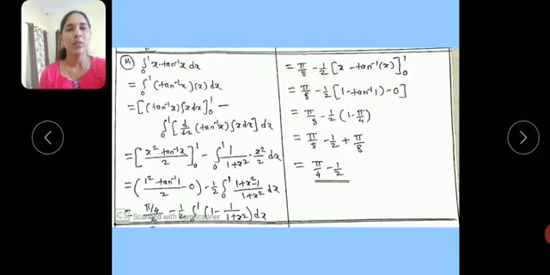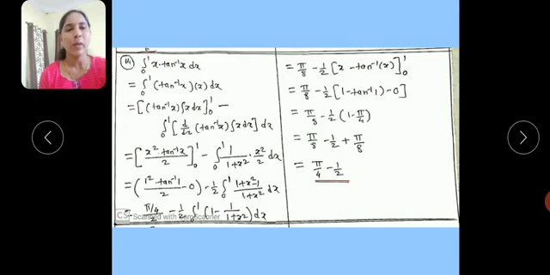This is equal to pi by 8 minus 1 by 2 of x minus tan inverse of x from 0 to 1. This is equal to pi by 8 minus 1 by 2 of 1 minus tan inverse of 1, minus 0. Here the value of tan inverse 1 is pi by 4.